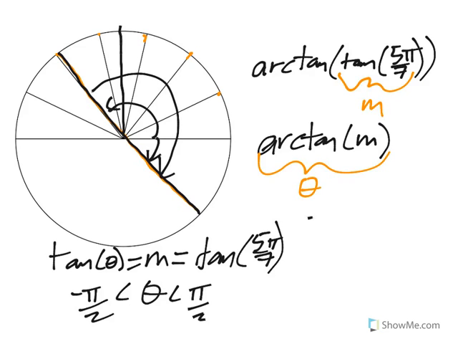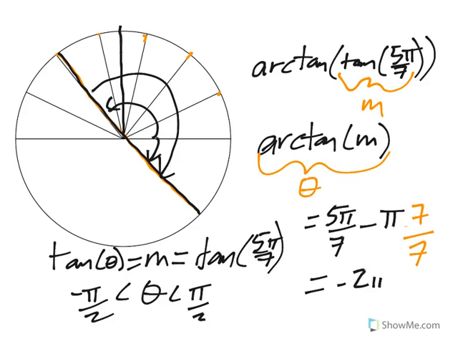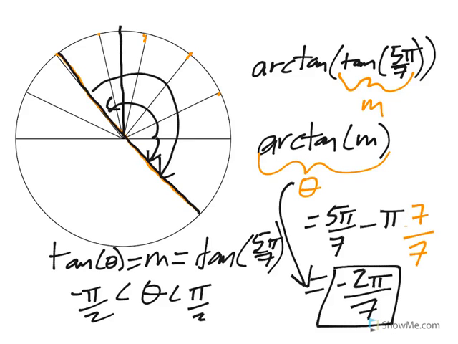It's 5π/7 minus π, which is the same as 7π/7. So 5π/7 minus 7π/7 is minus 2π/7. And so that's the angle we're looking for. It has the same slope as 5π/7, and it's in the right range.